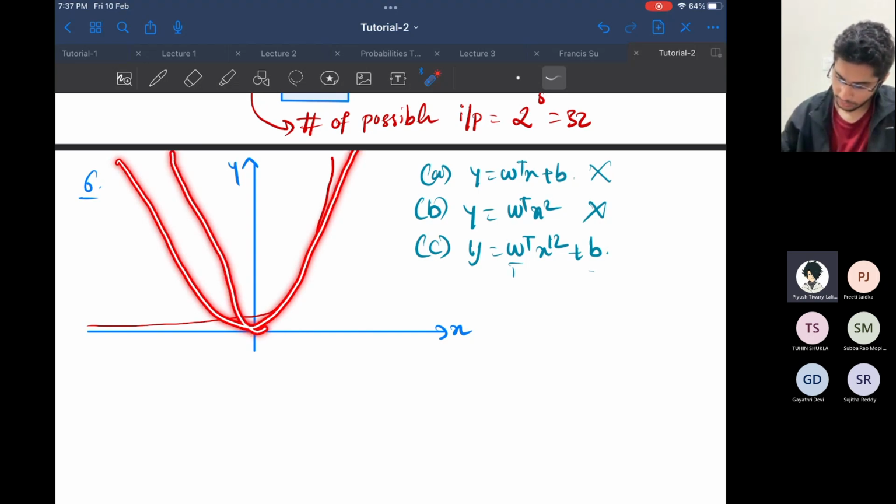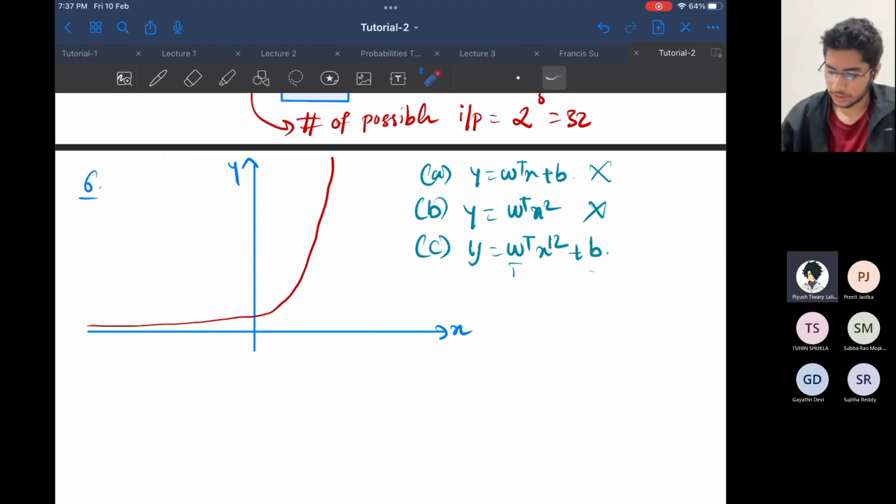X raised to 12 will be even steeper, something like this. Okay, that's the only difference, perhaps. Am I correct? X raised to 4 plus b. Yeah, I think I'm correct. So again, this won't be able to correctly approximate the function. So this is also not a good option.